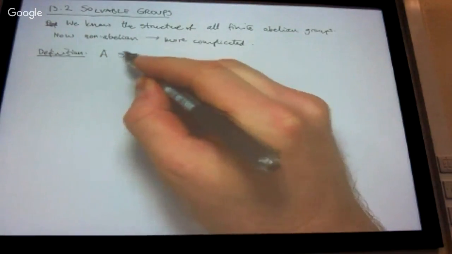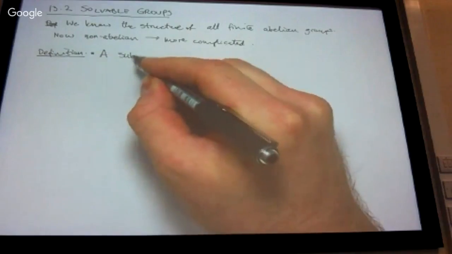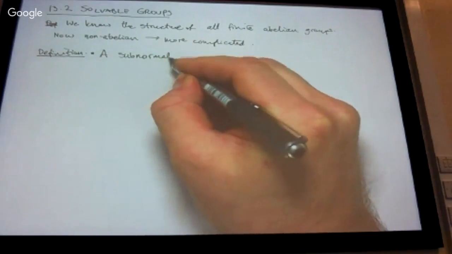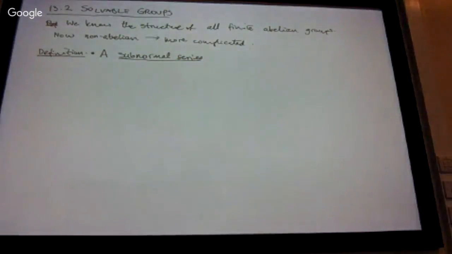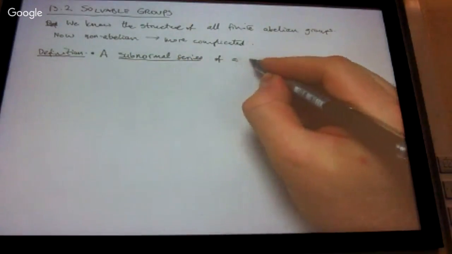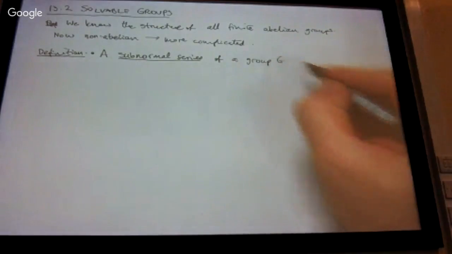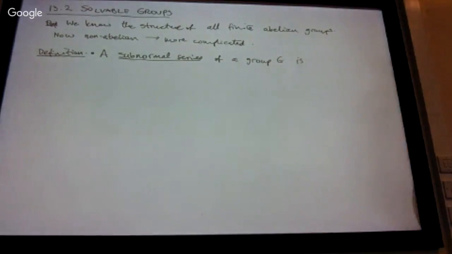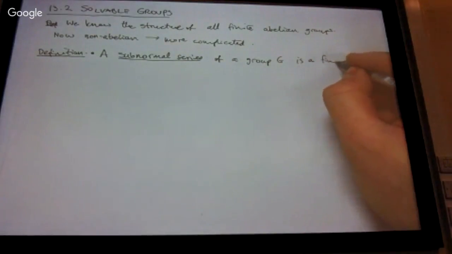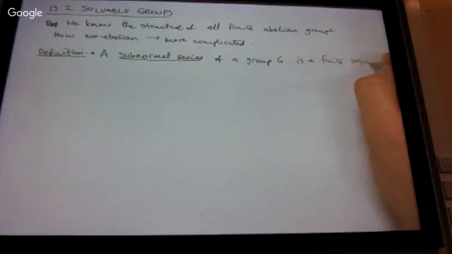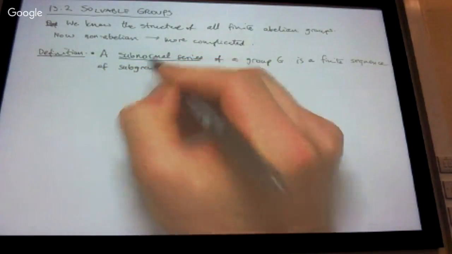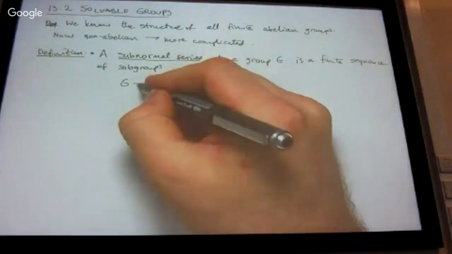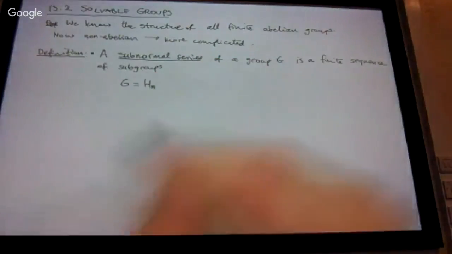The first one is a subnormal series. When you have a group G, its subnormal series is a finite sequence of subgroups. You start with G, and the notation from the book is like this.